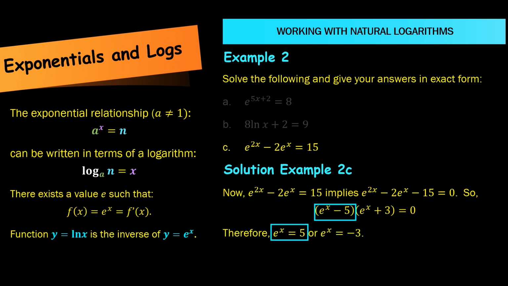And therefore, either e to the power x equals 5 or e to the power x equals minus 3. However, we know that e to the power x is always greater than 0, and therefore e to the power x equals 5.